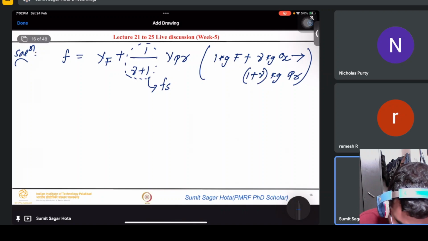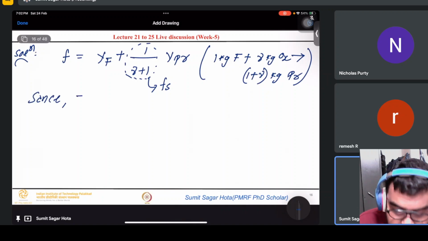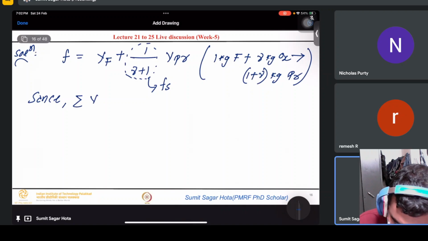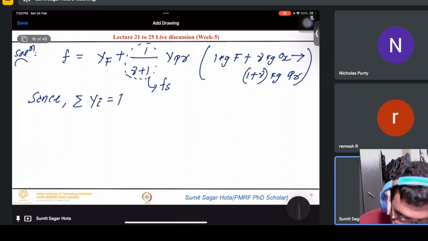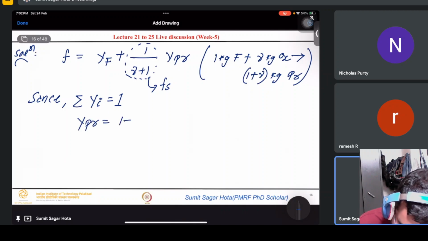Now we know that the summation of the mass fractions is one, so Y of product is equal to 1 minus Y of fuel.